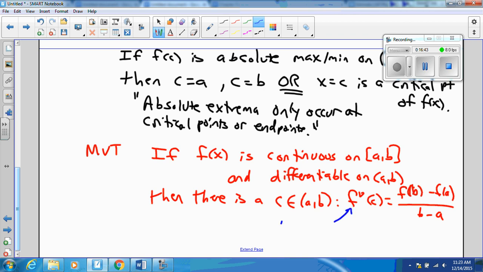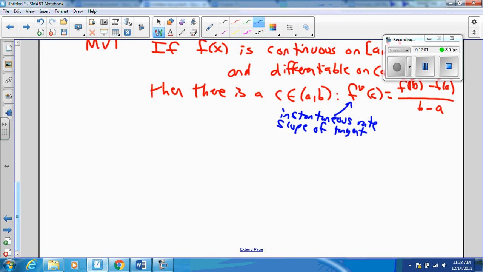So what is this really saying? This is really saying that the instantaneous rate of change, which is the derivative, it is also the slope of the tangent line, is equal to the average rate of change, or delta f over delta x, which is the slope of the secant line.